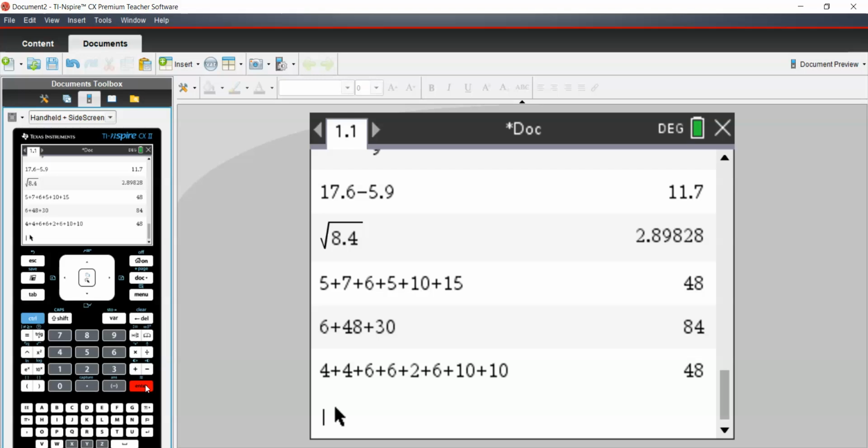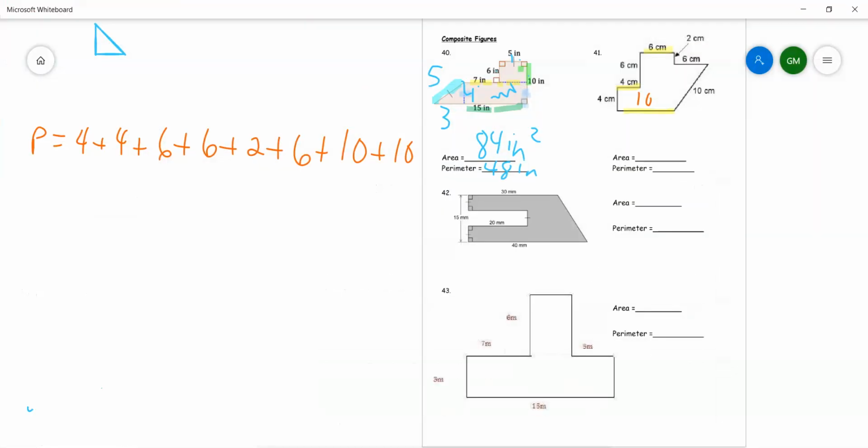Okay, that one's 48 as well. 10, 20, 30, 48, yep. 48. And those ones are centimeters. All right, and then let's go ahead and do the area.